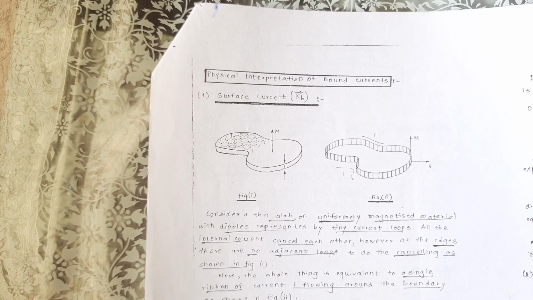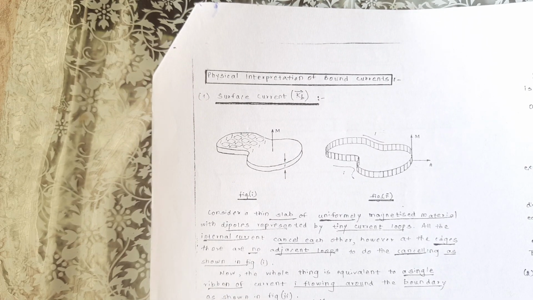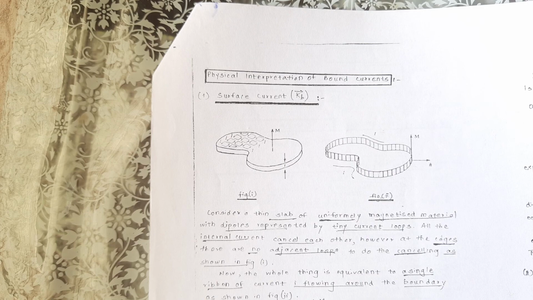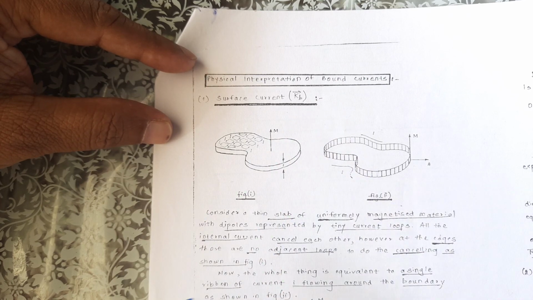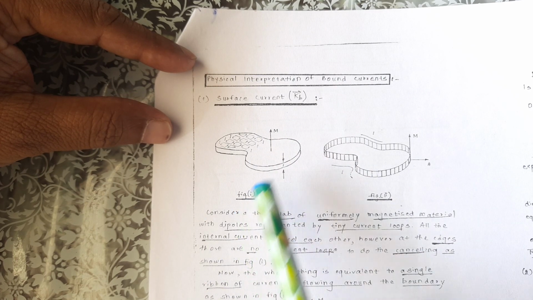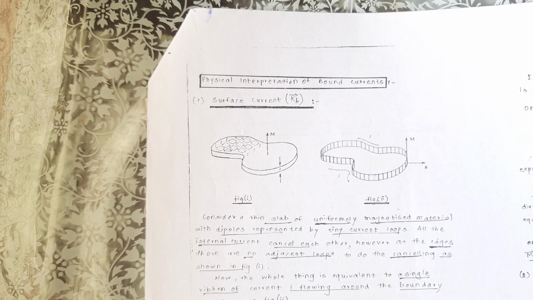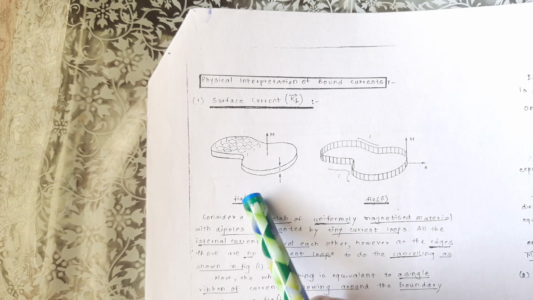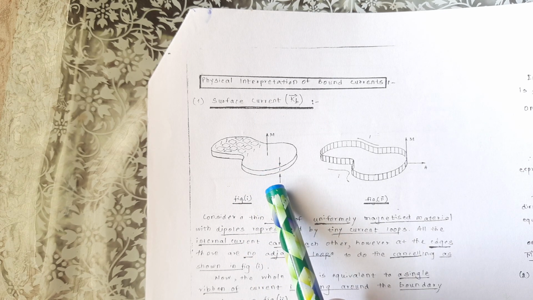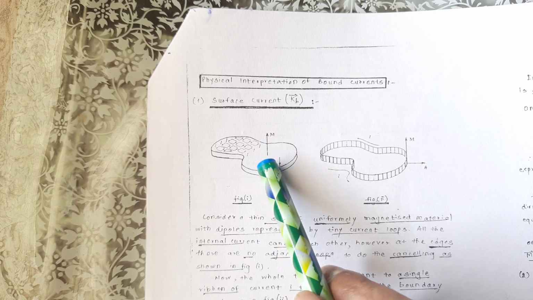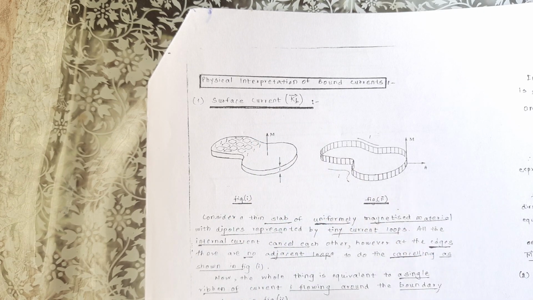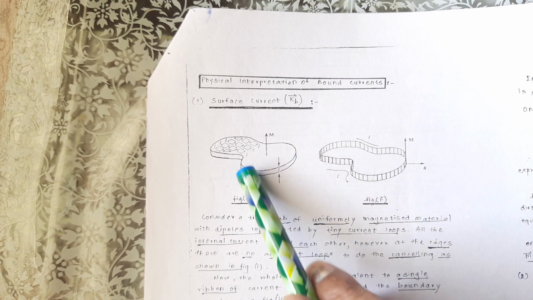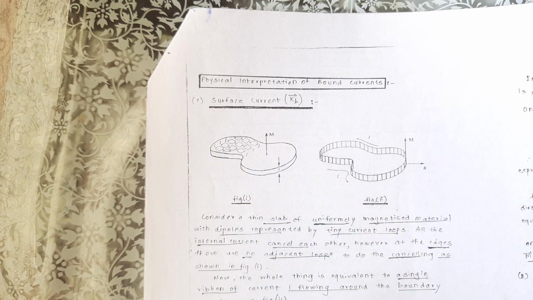So here we will see the physical interpretation of bound currents. The surface current Kb bar is equal to, here in this figure, this is the magnetization M. It is along the upward direction, and here t is the thickness of that material.